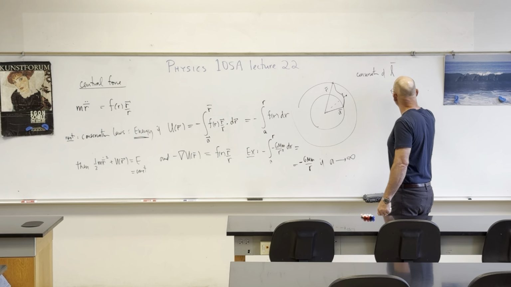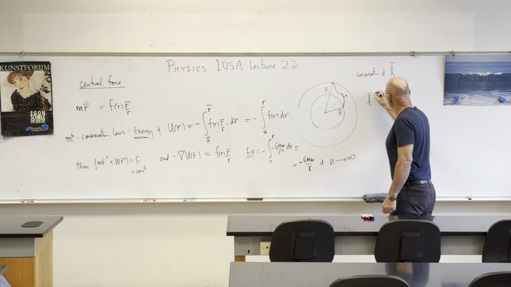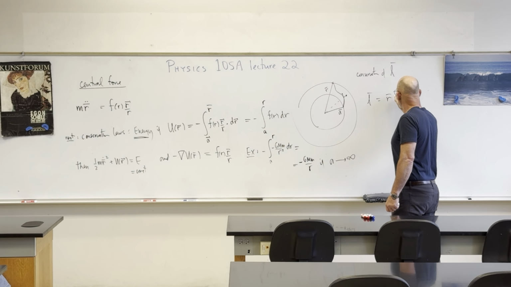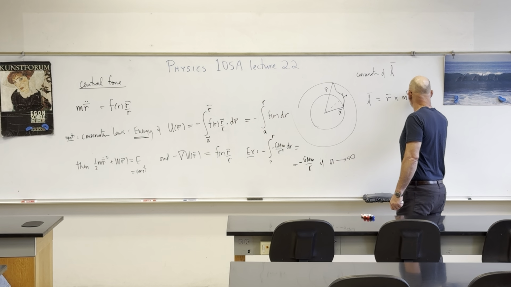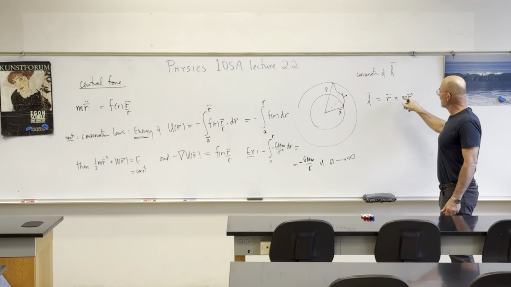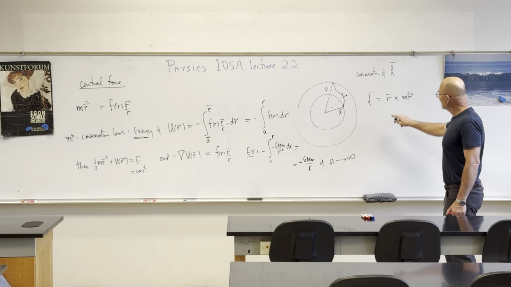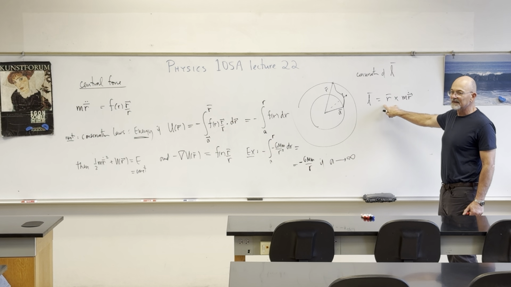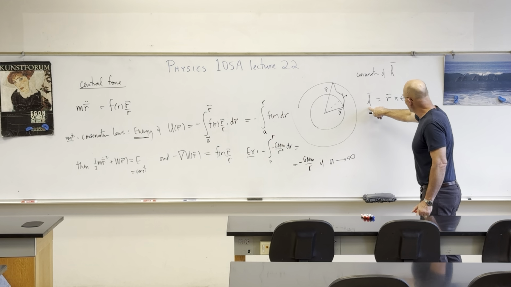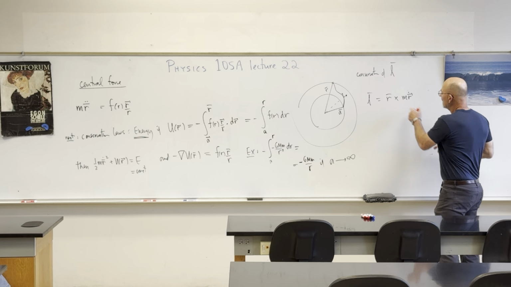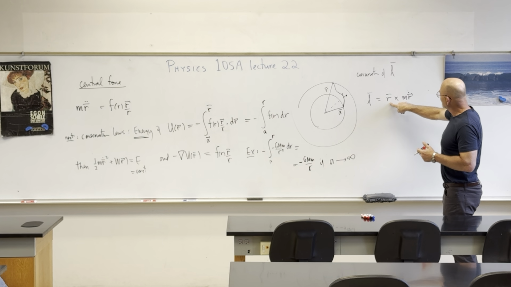Conservation of angular momentum. So look at this. You've got L equals r cross p, r cross m times v. And this is a constant. It's a constant vector. The left side is a constant. Now, you've got the cross product of two vectors.